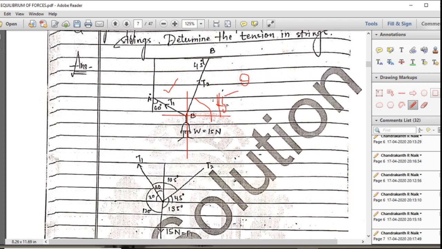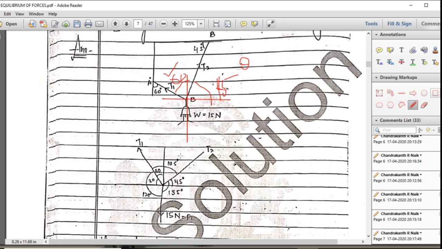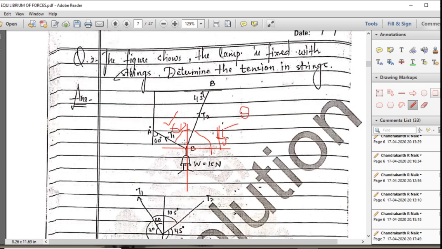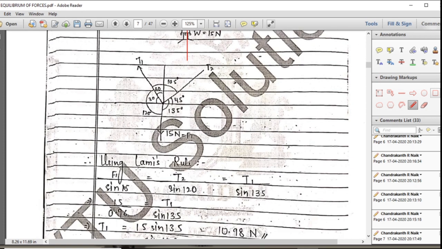Okay, now this is 60 degree, so this is also 60 degree. Fine. Okay, now there are three forces and they are coplanar and concurrent. Can we use Lami's theorem? Yes. So what is F1 by sine alpha, F2 by sine beta, F3 by sine gamma?